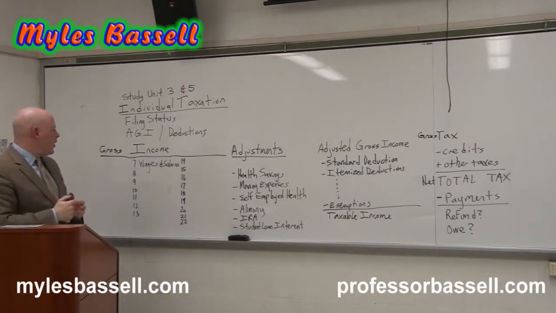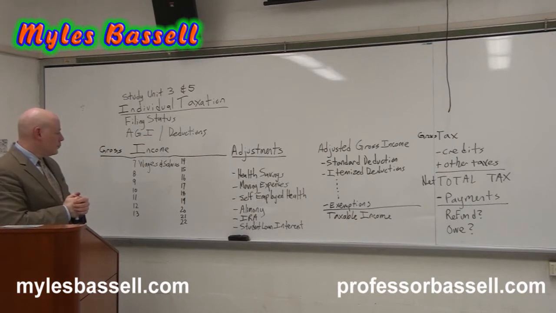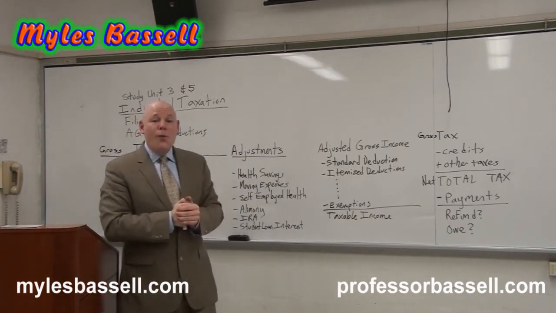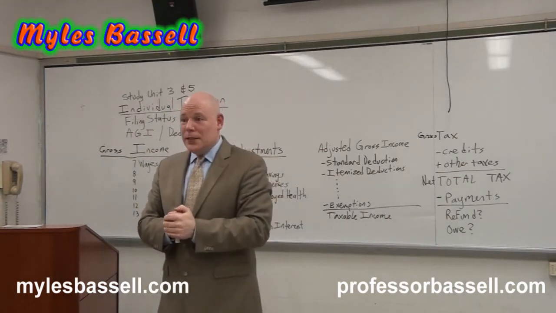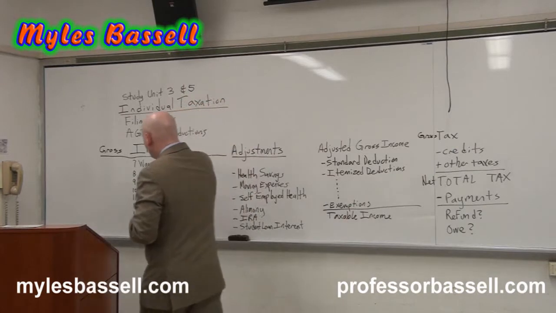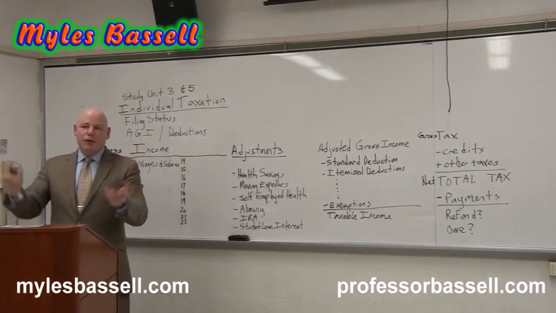So there's different types of income. And at the end of the year, we might actually have to pay tax above and beyond what was withheld from our wages and salaries.